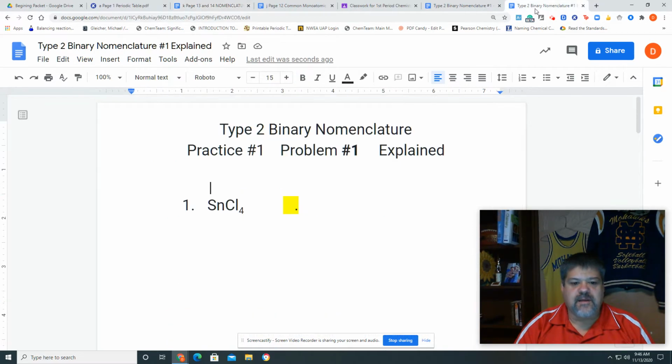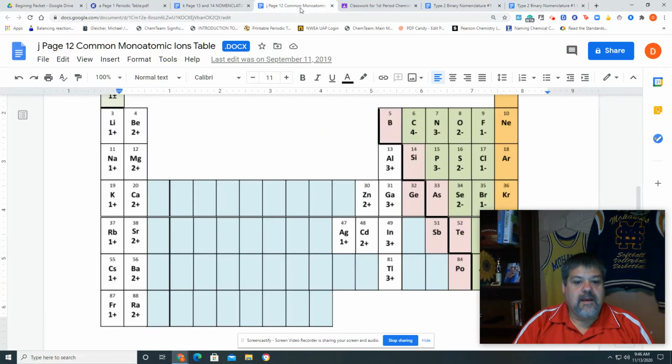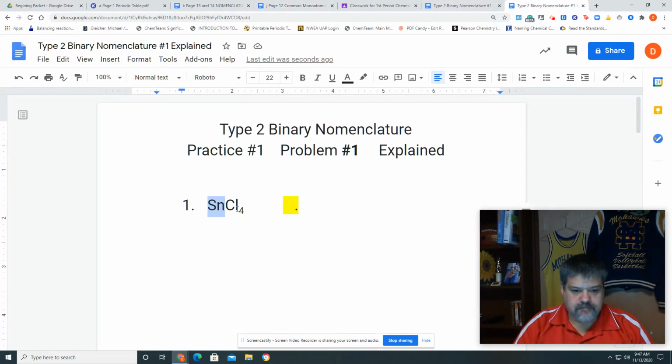So let's go back to the problem. Here's the problem, and so we're going to look at this and we're going to say, okay, we don't know what the charge of Sn is, because that is right in here. It's in the blue, and the blue represents type 2. So if we go back to the problem, we do know what it is for chlorine, though.